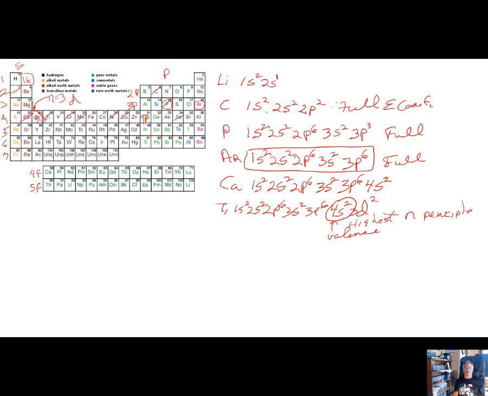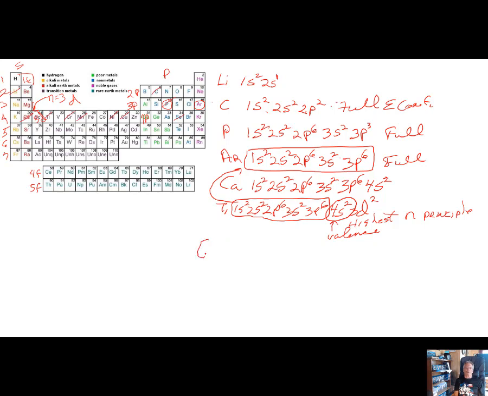If I go down here to titanium and I look at 1s2, 2s2, 2p6, 3s2, 3p6, I say, well, gosh, that's just the electron configuration for argon. Is there some kind of notation that I could substitute using the argon noble gas core? And the answer is yes, you can.